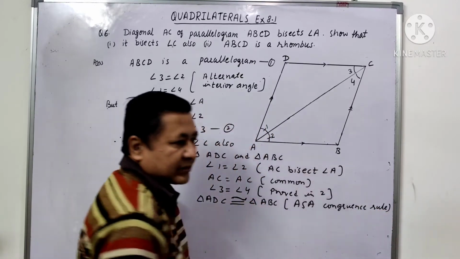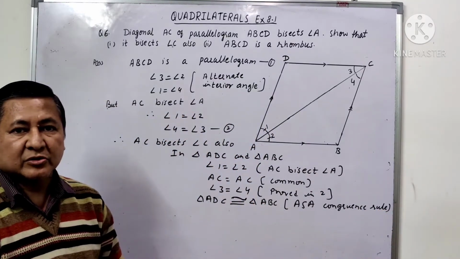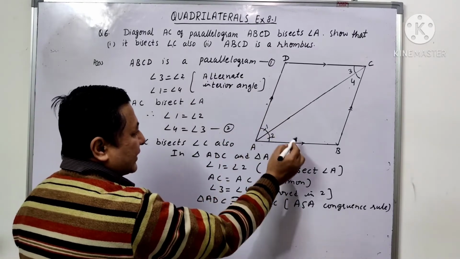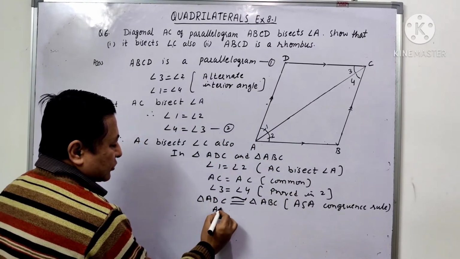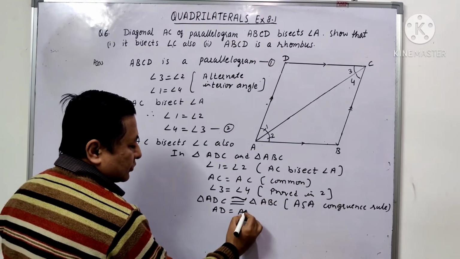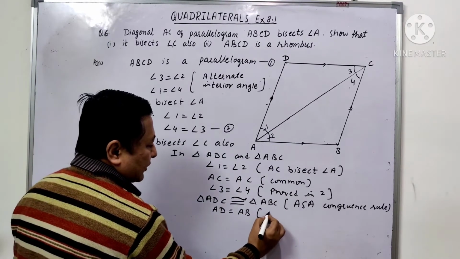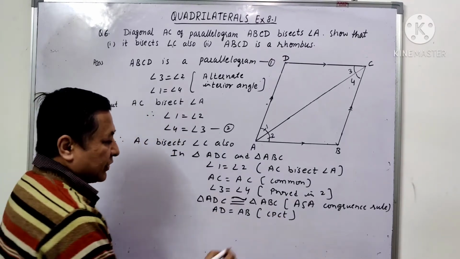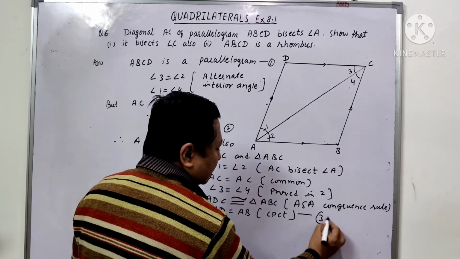Now since these two triangles are congruent, their corresponding parts will also be equal. So AD and AB are corresponding parts. So AD will be equal to AB. Corresponding parts of congruent triangles are equal. Now we have proved this, mark it as number 3.